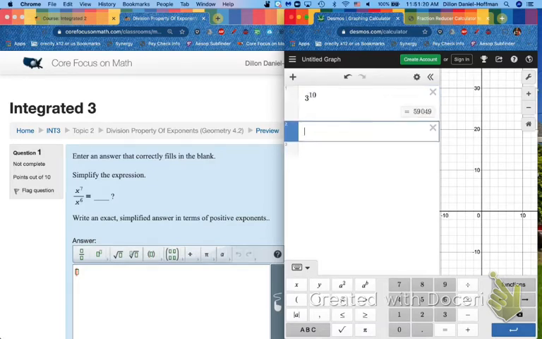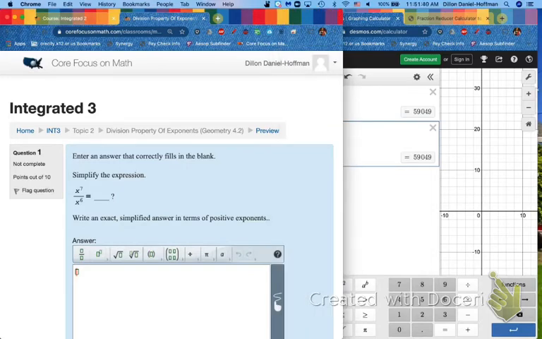And let me just remind myself, is that 3 to the 12th divided by 3 to the 2nd? Yeah, indeed. 12 minus 2 is 10, and these numbers match. So it's just a cool hack anytime you're on a test to remind yourself of that.